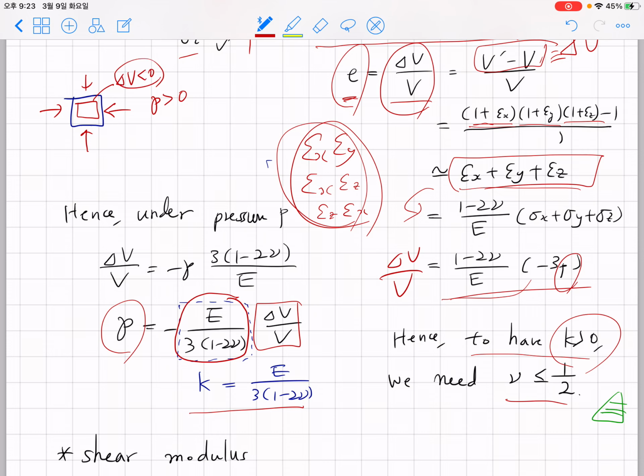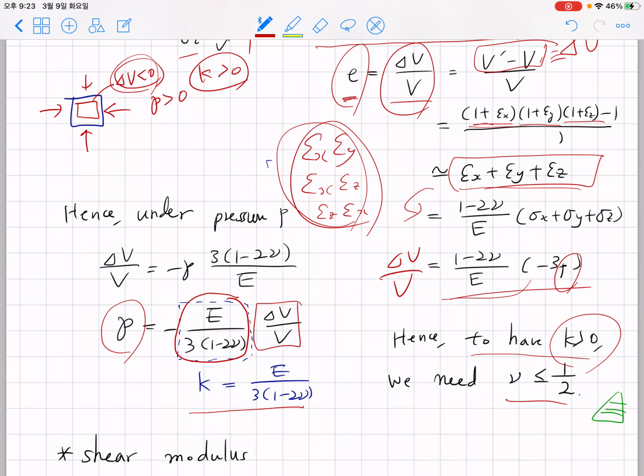This is the typical material response, and because delta V is smaller than 0, you are trying to shrink the material, and the material wants to expand back. So this is the typical response for a material with k larger than 0.